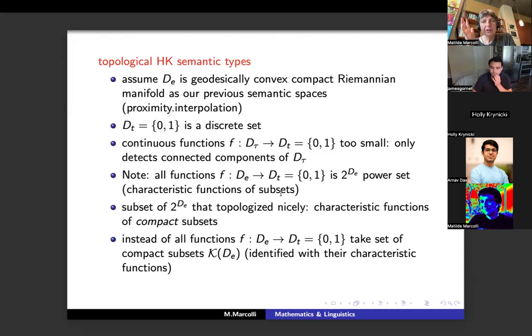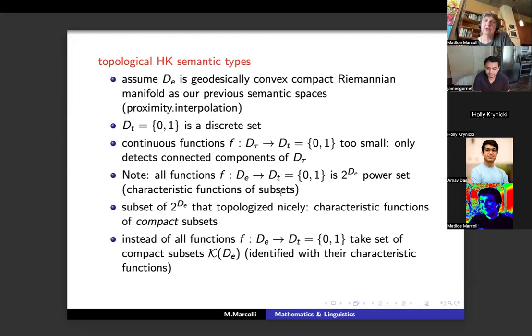In various situations in topology, it's natural to take the functions that are characteristic functions of compact subsets. It's like saying that you're going to have things that are locally constant on a compact set. There can be discontinuities, as you can jump when you reach the boundaries of your compact set, but it's not an arbitrary characteristic function of an arbitrary set.